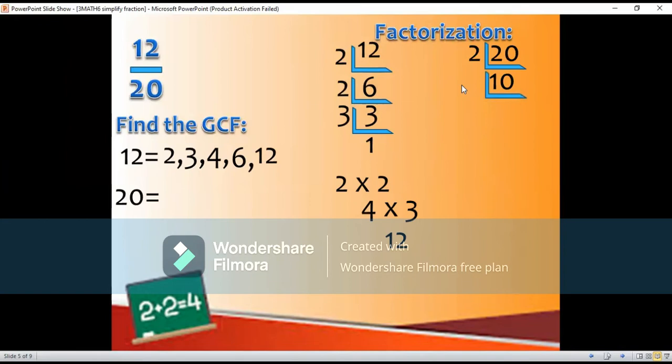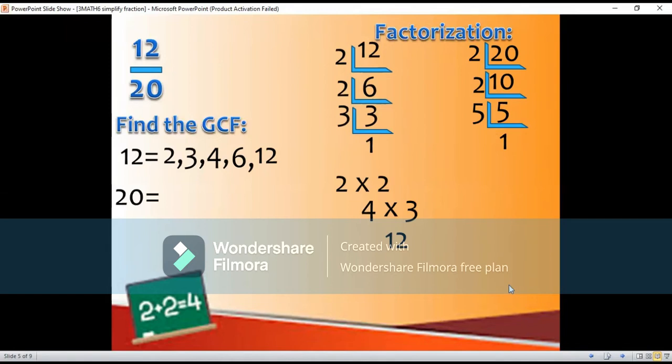Think about the prime factor again to divide 10. Let us begin with the smallest number 2. Yes, 2 can divide it. So 10 divided by 2 is 5. Now 5 is a prime number, so it can be divided by 5 immediately. So 5 divided by 5 is 1.